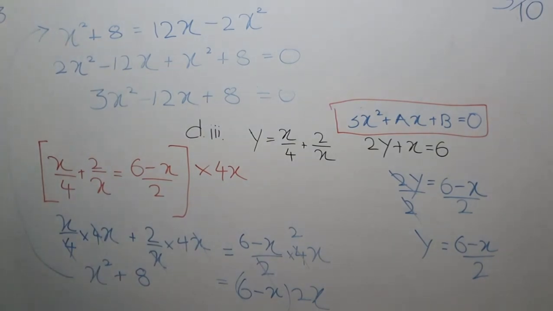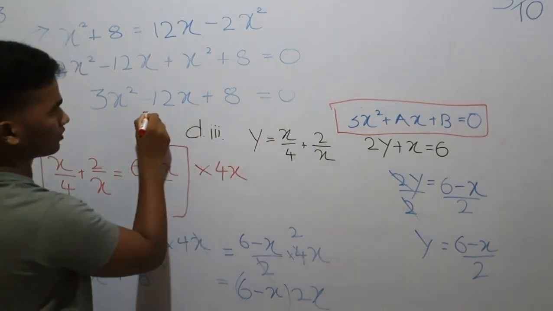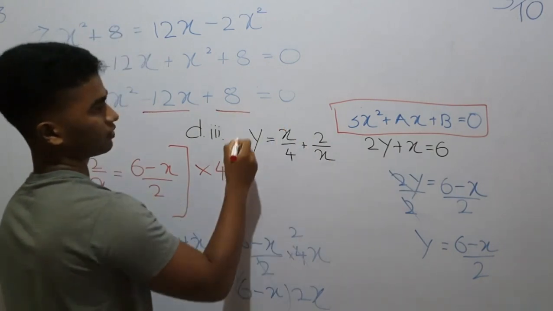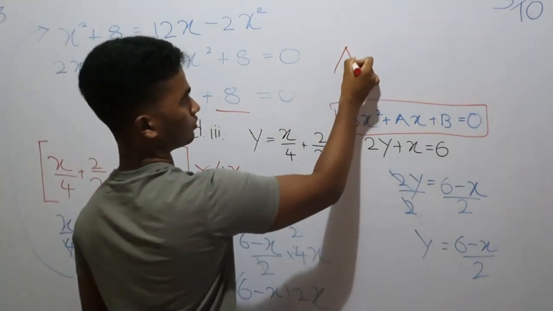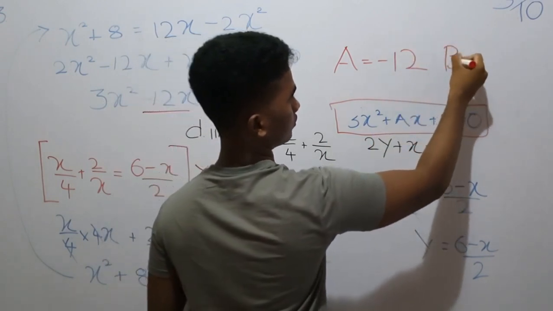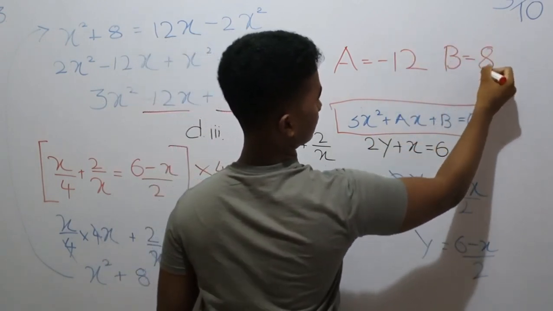So what are our a and b values? A is equal to minus 12, the coefficient of x, and b is equal to plus 8. These are the two answers.